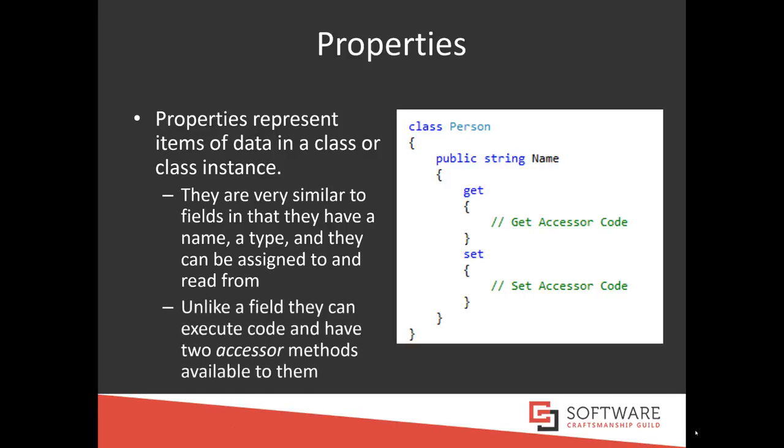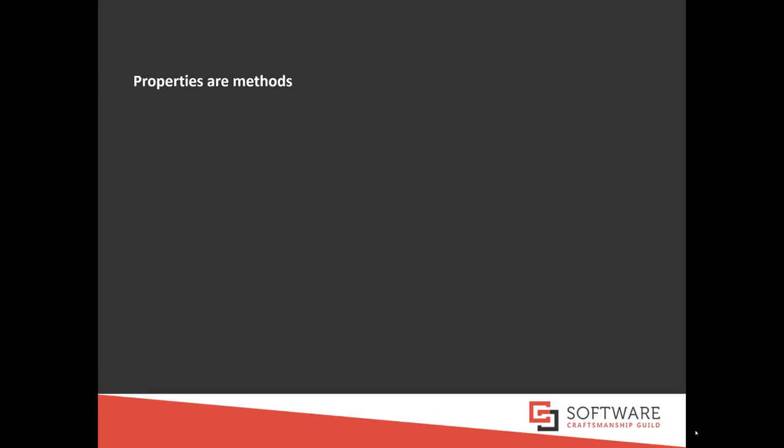So that's the main difference between a property and a field. Properties have something called get and set, and I'm going to show you what this is used for. Properties are actually methods. They don't look like it, but underneath they are.